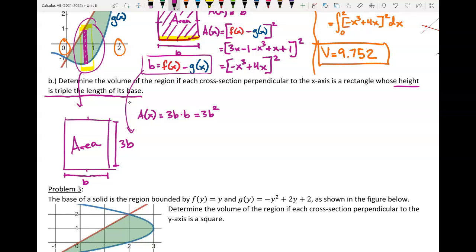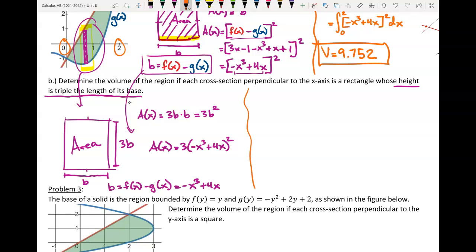Since our base is equal to f of x minus g of x, which we already saw simplifies down to negative x cubed plus 4x, I can go ahead and say that A of x is going to be 3 times negative x cubed plus 4x squared.